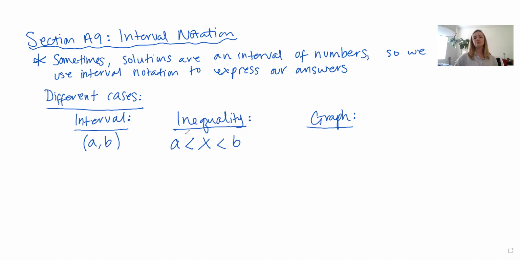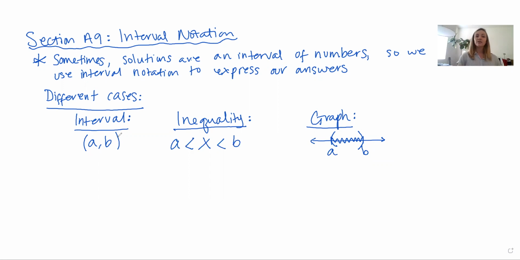So it means x is bigger than A, but less than B. The graph is going to be a number line, and we're going to take our two numbers A and B on the number line. The solution is anywhere in between A and B. Since we can't include those, we're going to put parentheses at both of those facing inwards. So your graph should look pretty similar to your interval notation.